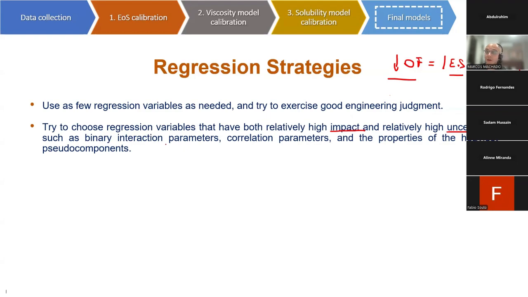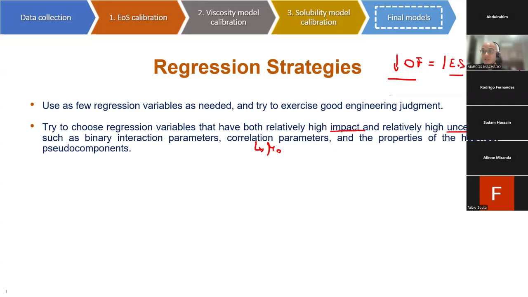The binary interaction parameters are very impactful parameters because they can control the attractive force among the components. Correlation parameters, the parameters from the viscosity models, are very impactful parameters as well, and are uncertain.